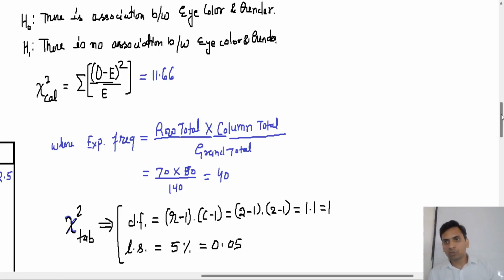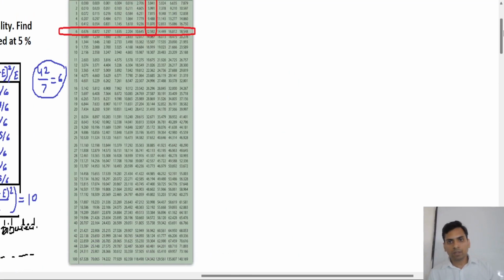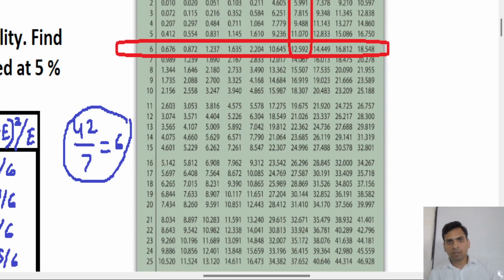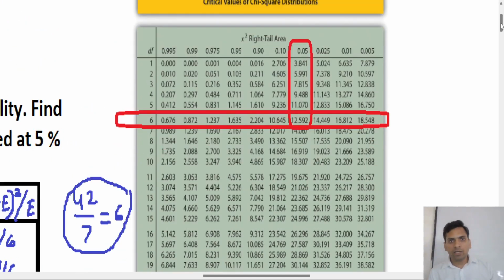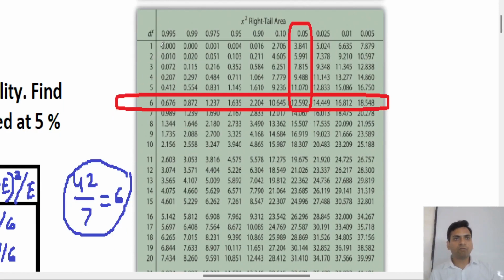Now again back to the table. In this table, degree of freedom is 1 and level of significance is 0.05.